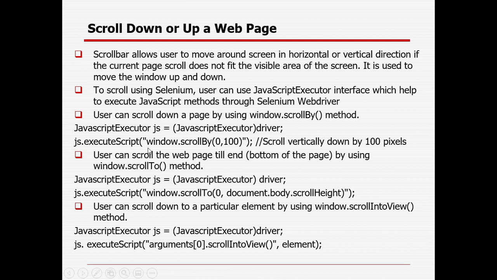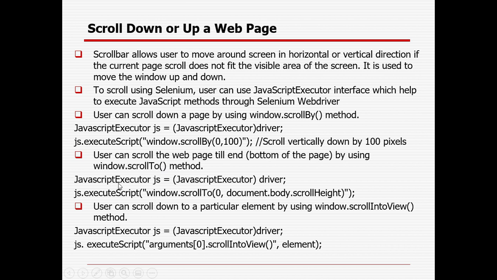Now if you want to scroll the web page till the end, meaning the bottom of the page, suppose the page is huge, say 5000 pixels, and you do not know exactly how many pixels it is to the end, obviously you will not use the scrollBy method. Instead, you need to use the window.scrollTo method, so that it will scroll to the bottom, till the end of the page.